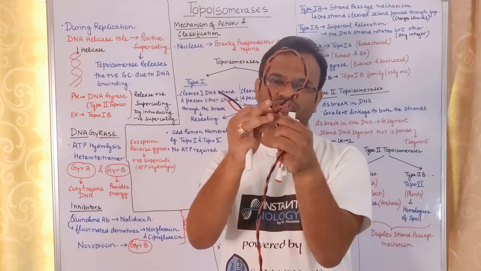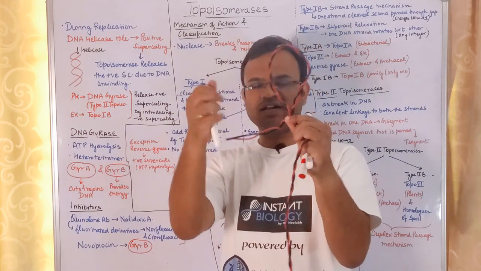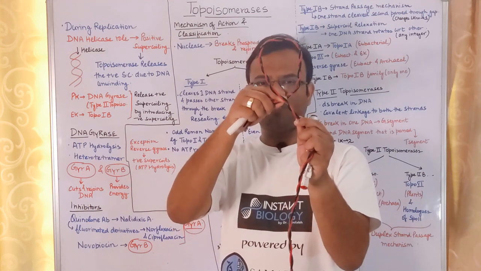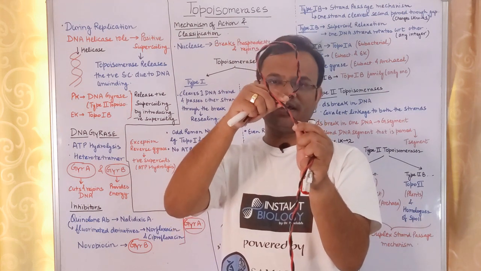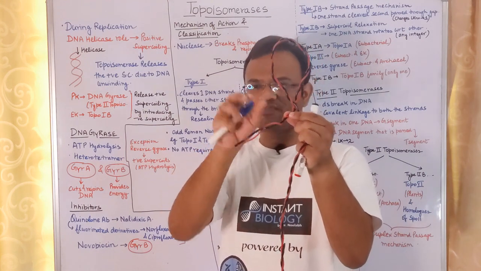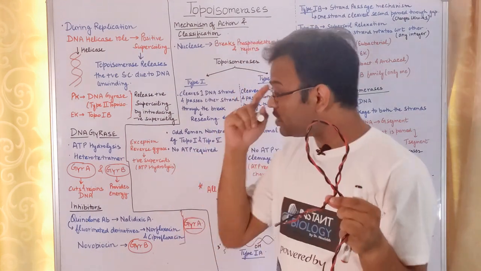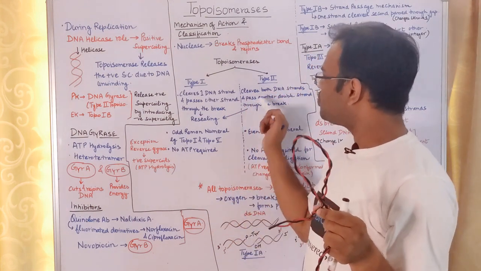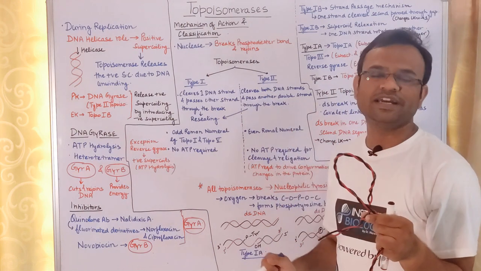Now I am holding this portion only. So this is the condition over here, right? One DNA is just crossing over onto the other DNA. This is the example of supercoiling. What I want you to understand over here is that the type 2 topoisomerase will cut both the DNA strands.